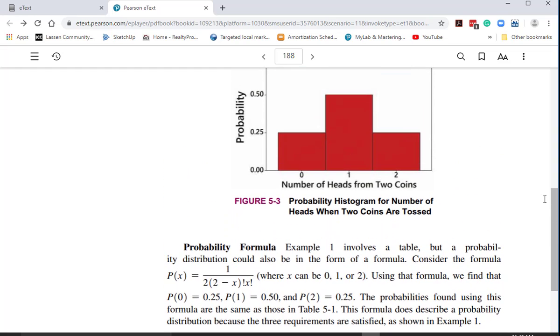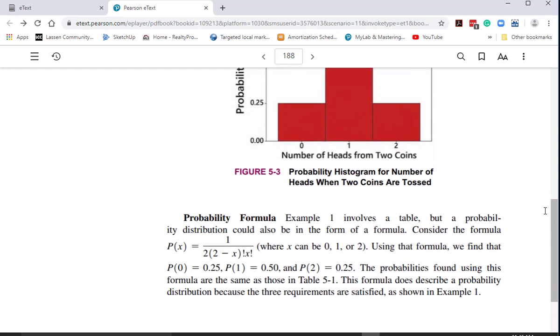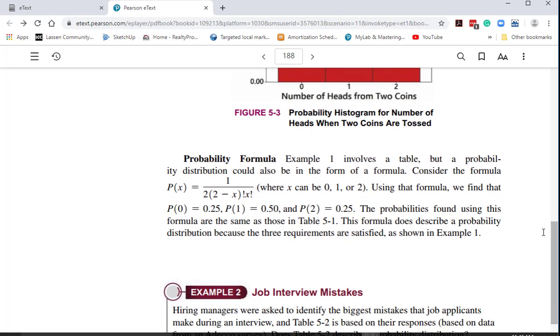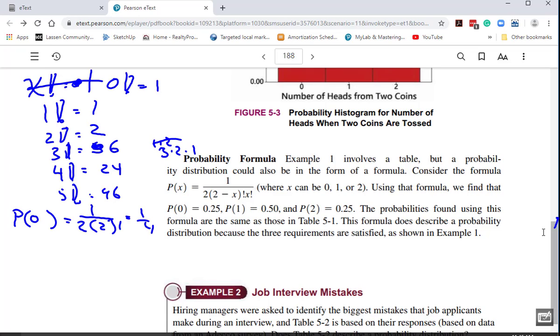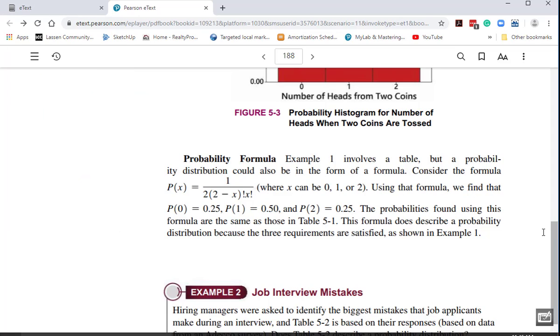Let's see if it gives us this 50% when x is equal to 1. Now it's a random variable, but this time we don't know what's going to pop up. This time 1 popped up. So we want the probability of getting just 1 head. So little x is equal to 1.